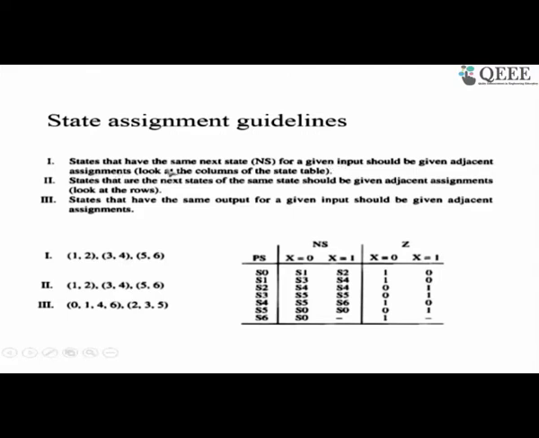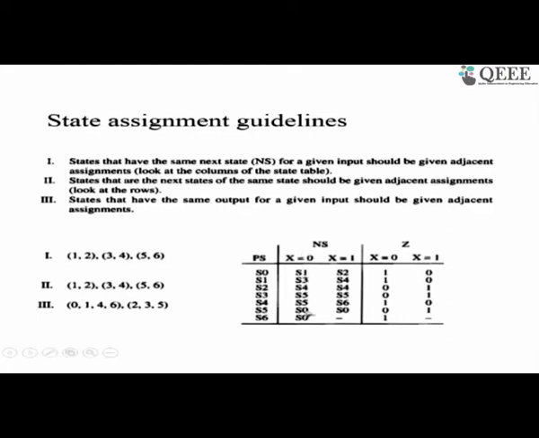For that you have to look at the column of the next states. You look at those states which both lead to the same next state for a given input, then they should be adjacent.